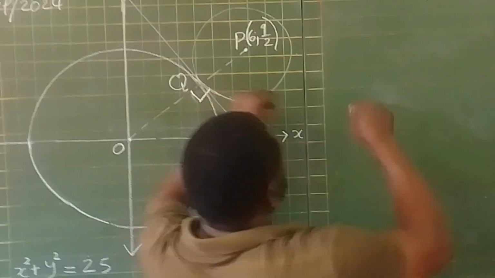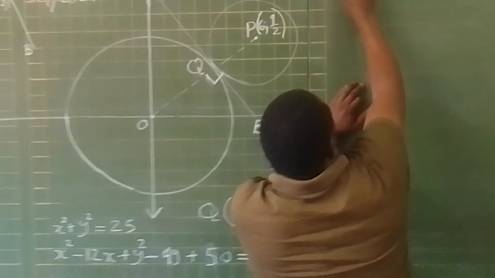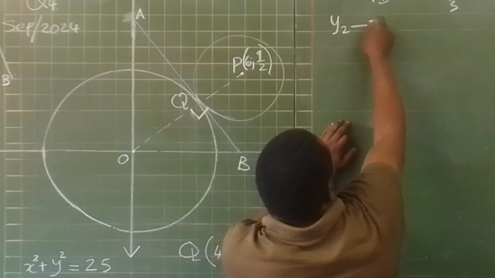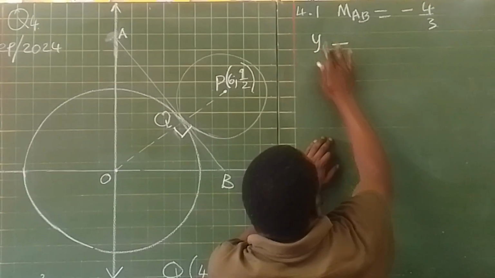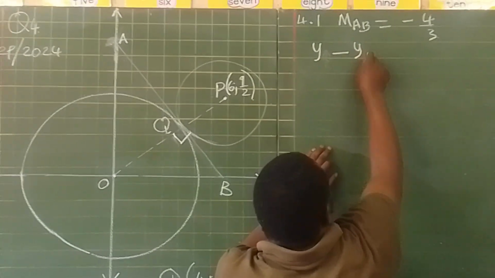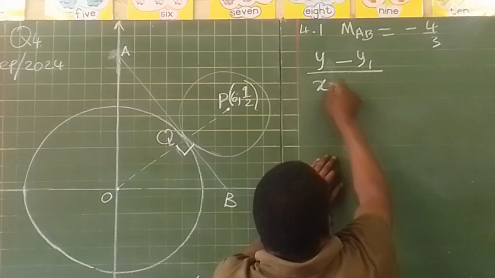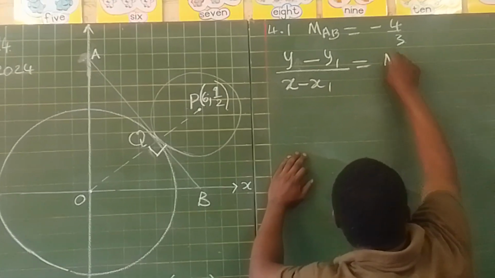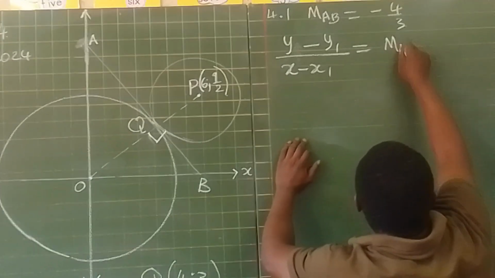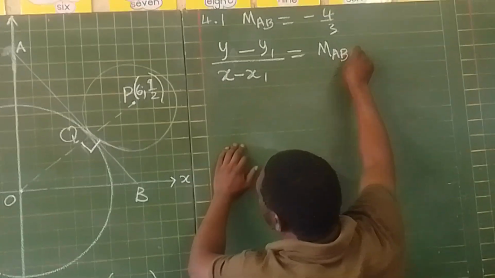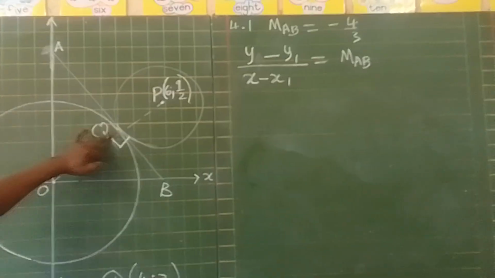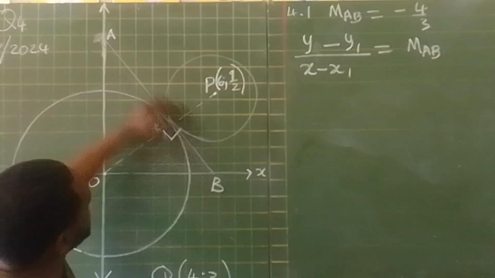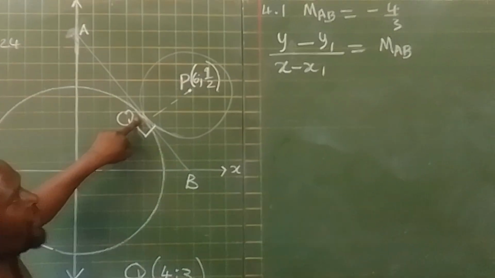So we can say that the gradient, (y minus y1) over (x minus x1), is equal to the gradient of AB. This is one point that we have. So we are going to take the gradient of AB and one point.